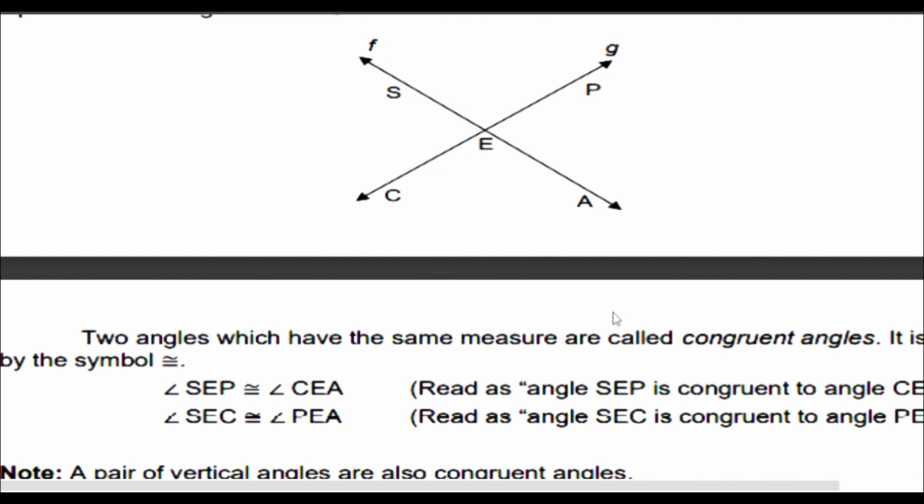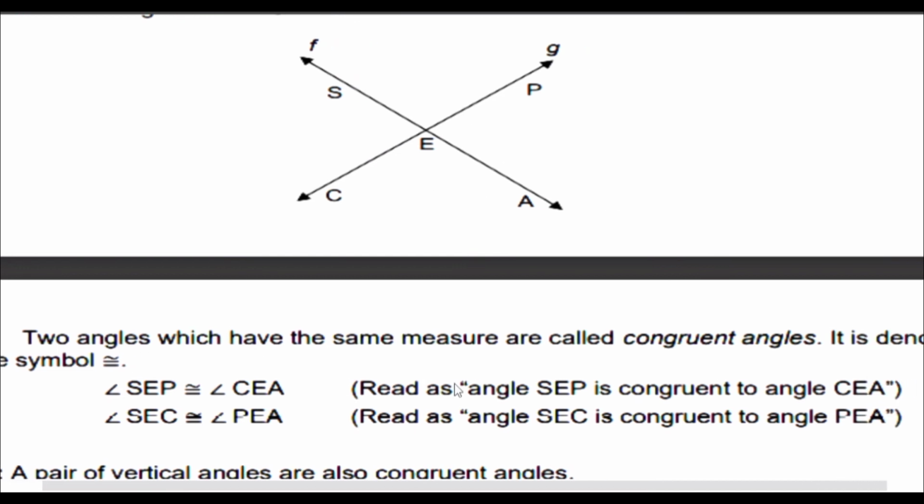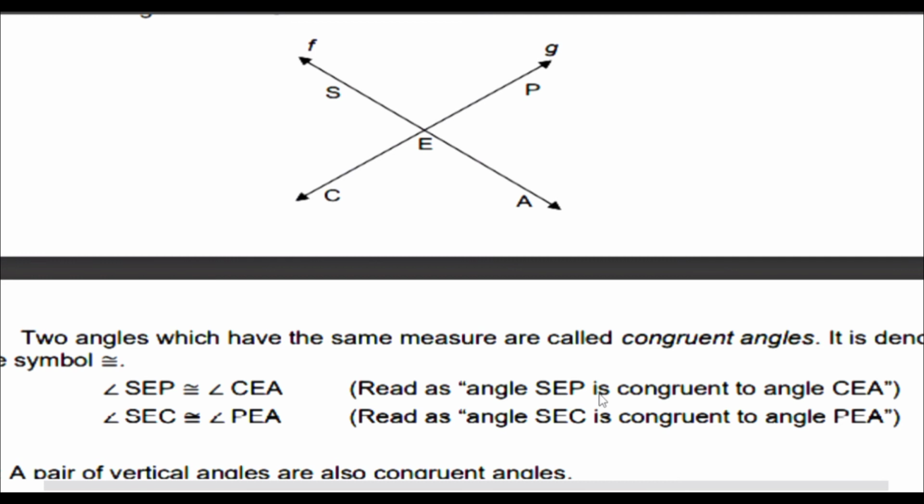Congruent means angle SEP has the same measure as angle CEA. So again, this is read as angle SEP is congruent to angle CEA. Next one, we have angle SEC is congruent to angle PEA. So these two angles have the same measure.